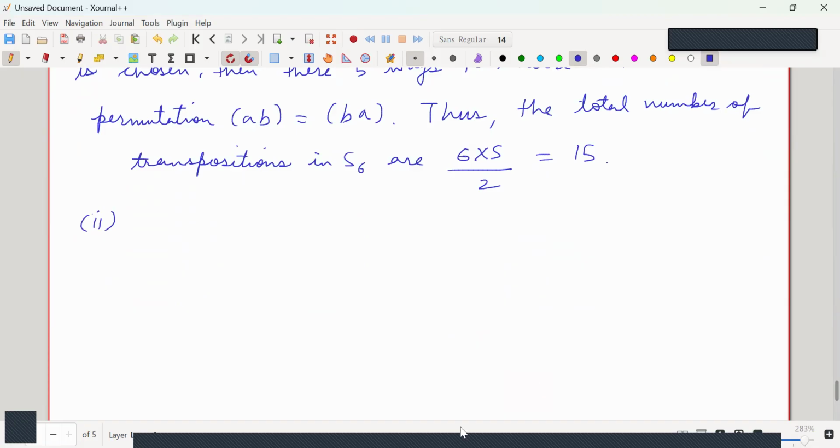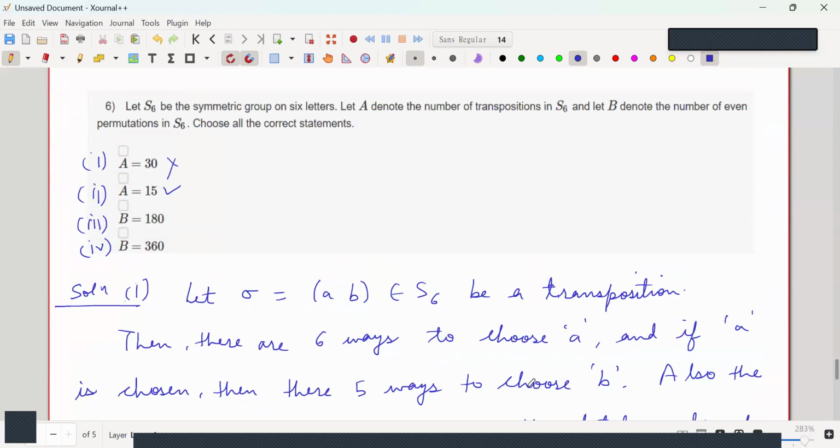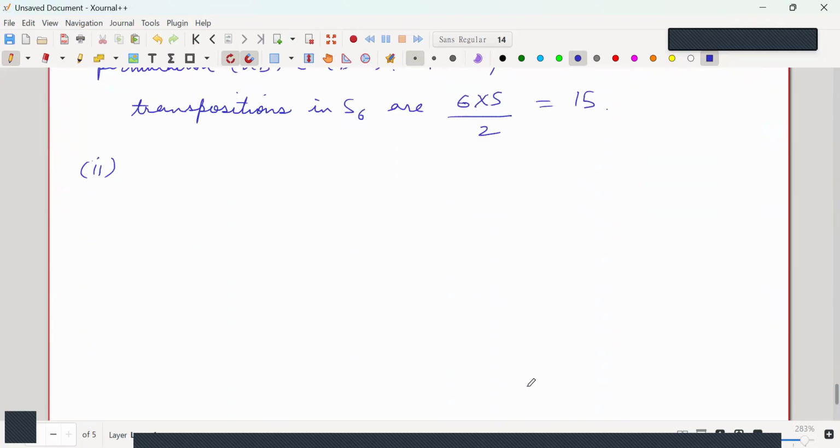Is it 180 or 360? 360. Why? So this is A6, which has 6 factorial by 2 permutations.